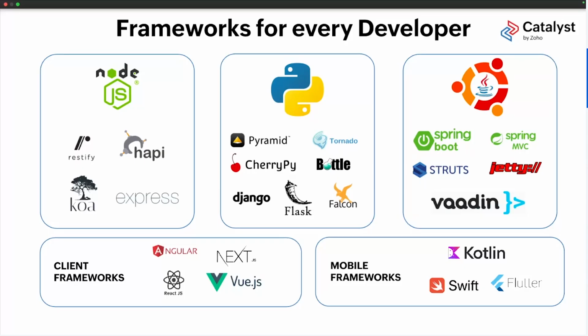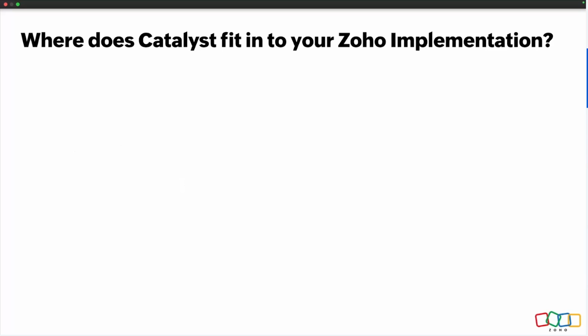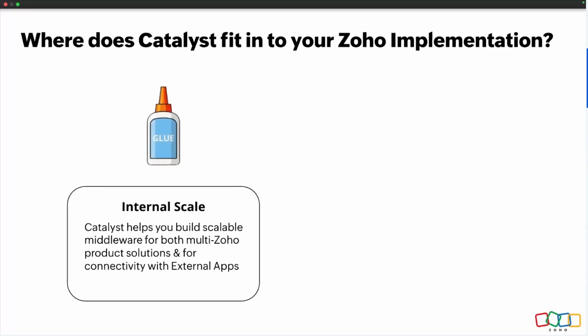So you're probably wondering, what are some good scenarios where someone can think of using Catalyst? So the first scenario is within your Zoho implementation itself. So Catalyst is great if you want to build scalable middleware for both multi-Zoho product solutions and for connecting your Zoho implementation with other external apps.